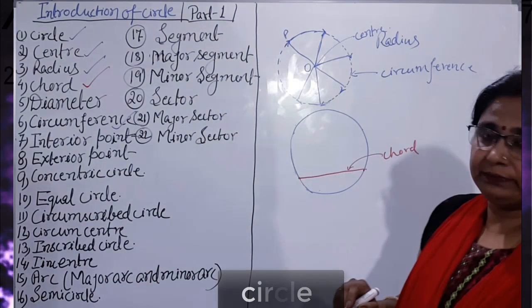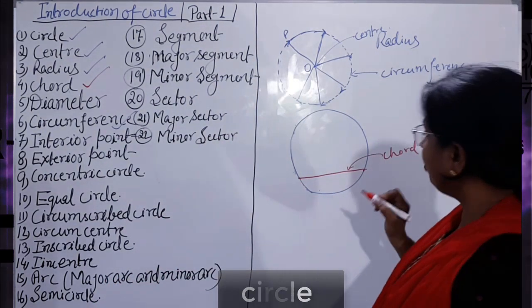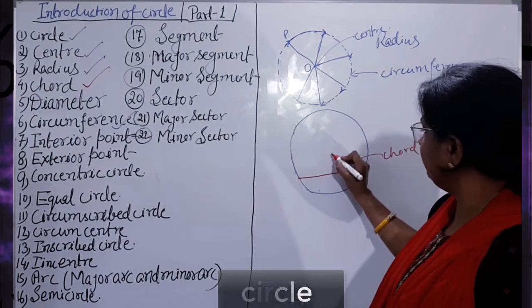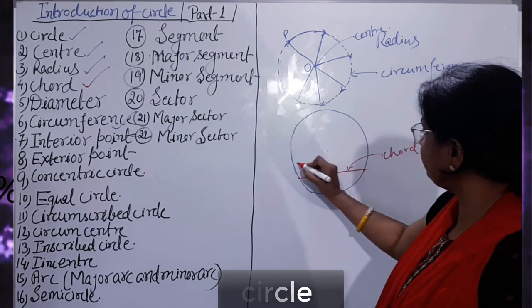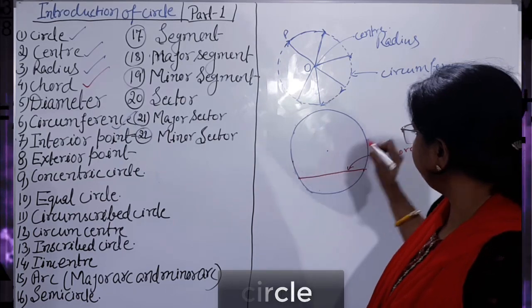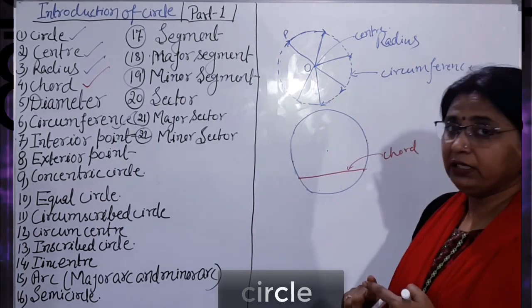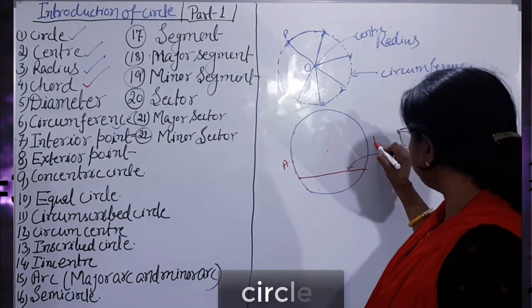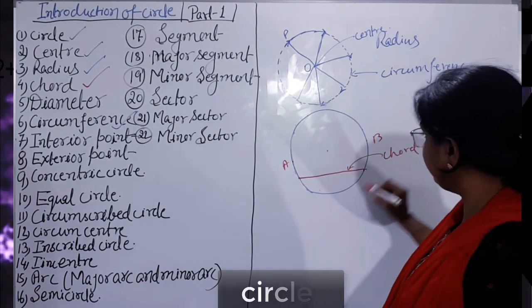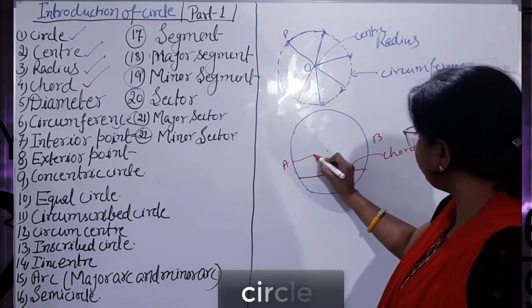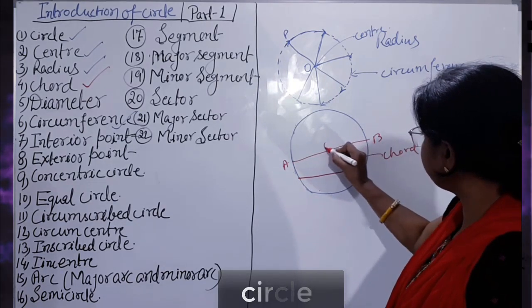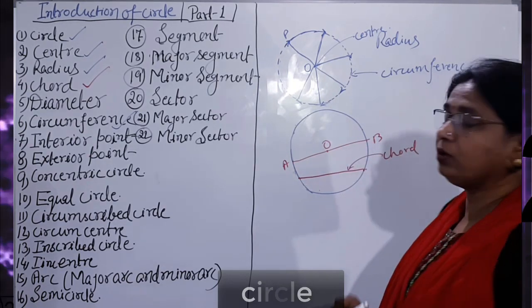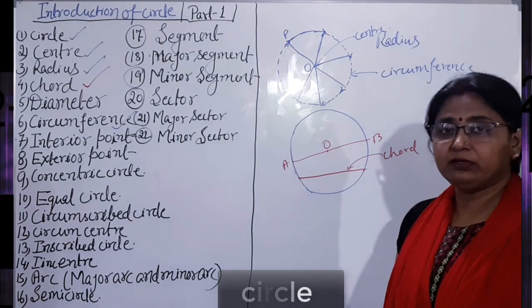Now chord is clear. Then diameter. The chord of a circle passing through the center. Any chord, that means the line segment joining any 2 points of this circle passing through the center, is called diameter.